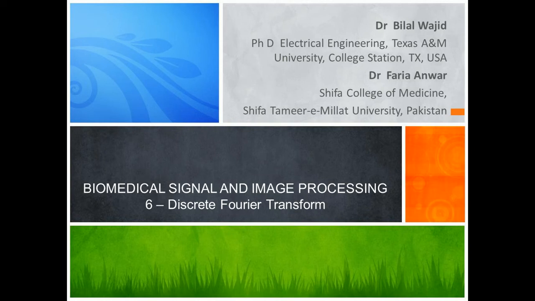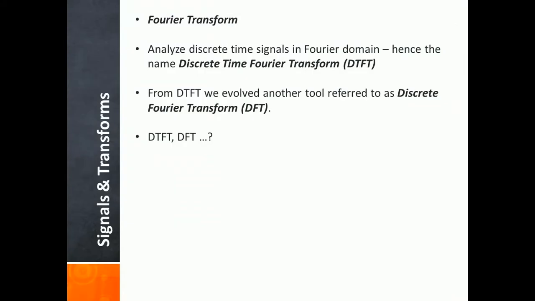In the last couple of lectures we talked about the Fourier transform, the impulse function, and some properties of the Fourier transform. Now we move towards the discrete Fourier transform. The Fourier transform is really a tool that helps transform a signal from the time domain to the frequency domain.